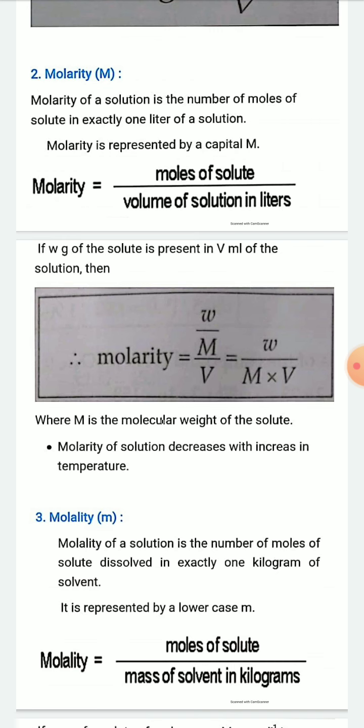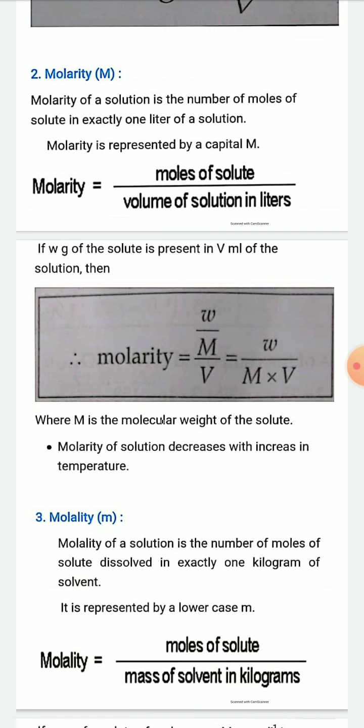I am saying again, to calculate the number of moles of a solute present in a solution, you have to divide the mass of the solute by its molecular weight.